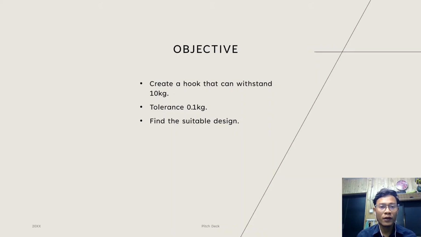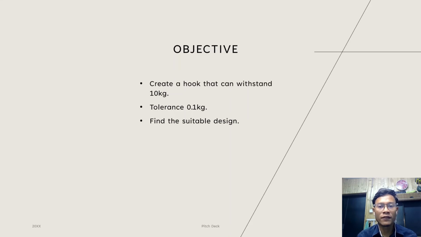The objective of this final year project is to create a hook that can withstand 10 kilograms, and to identify its strength through analysis. Next, as you know, every design must have a safety factor to prevent failure.